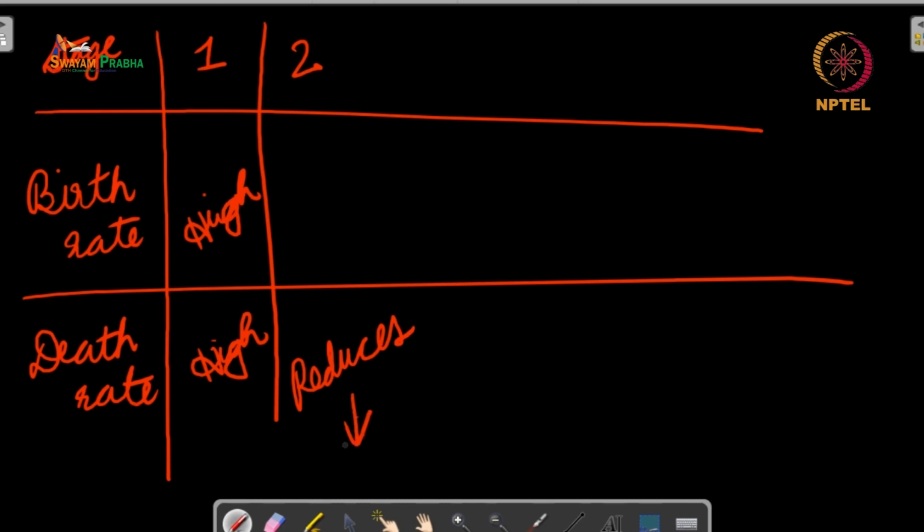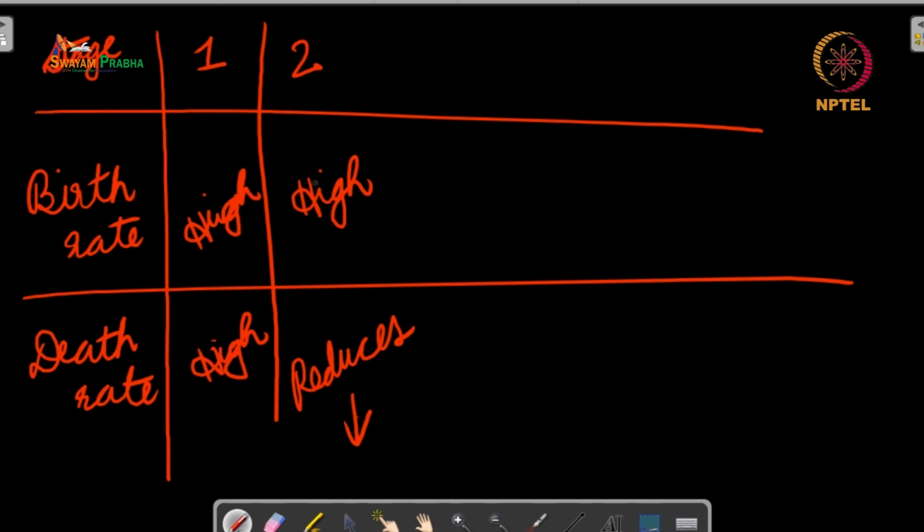And so now you have a low death rate. But there is nothing to change the behavior of people. They go on producing the same number of offsprings that they have been producing in the primitive society. So the birth rate remains high.